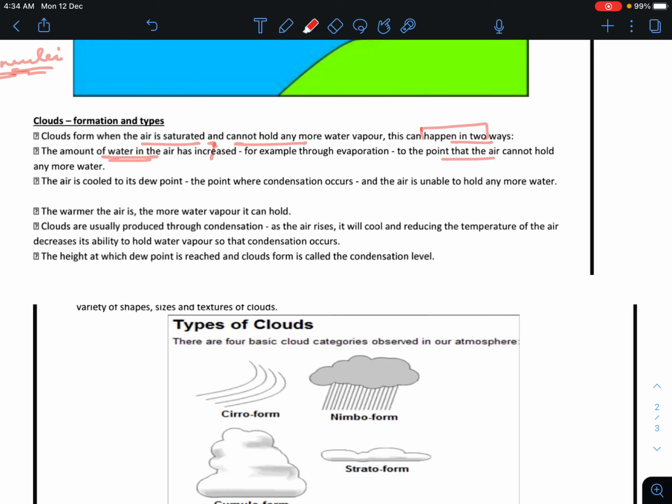If you keep increasing the water vapor in the air, a point will come where it cannot hold any more water. At this point, the dew point is achieved, and the cloud formation starts.